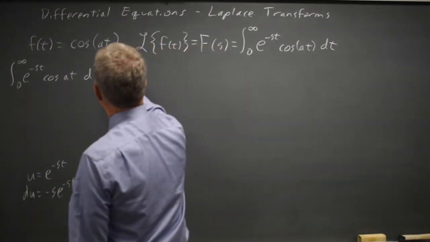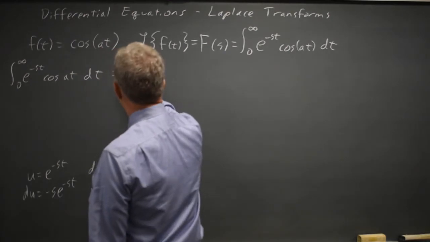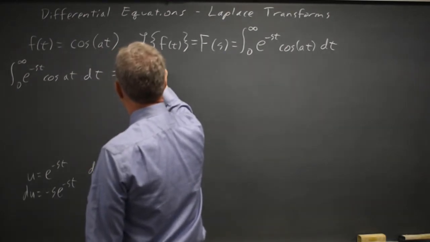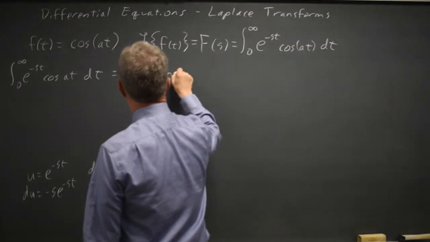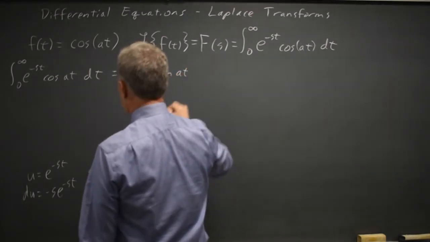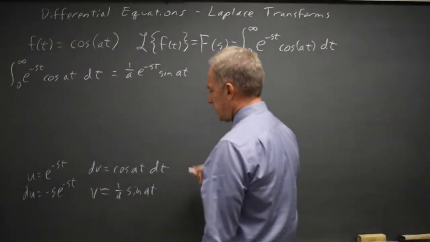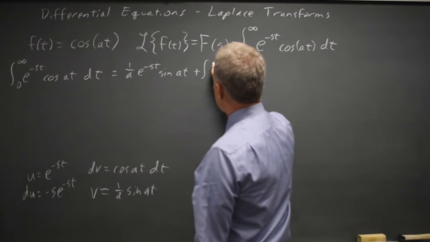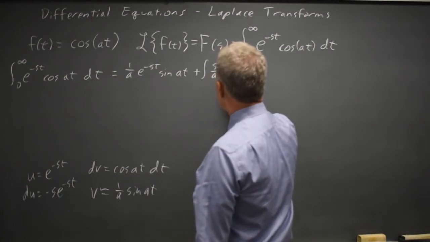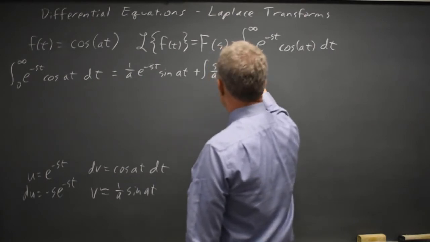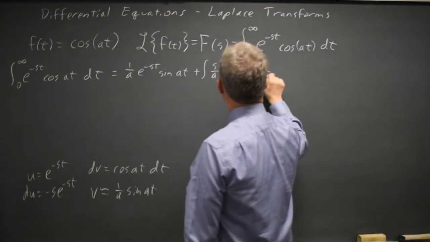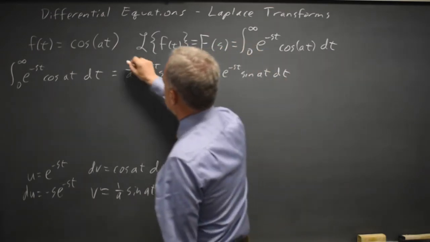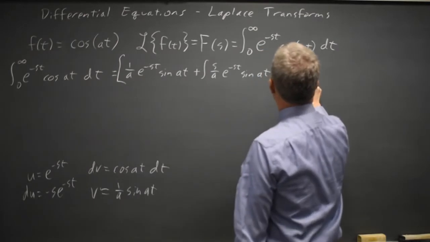So this integral is uv, 1 over a e to the negative st sine at, minus the integral of v du, minus the negatives, plus s over a e to the negative st sine at dt, and all that stuff on the right is from 0 to infinity.